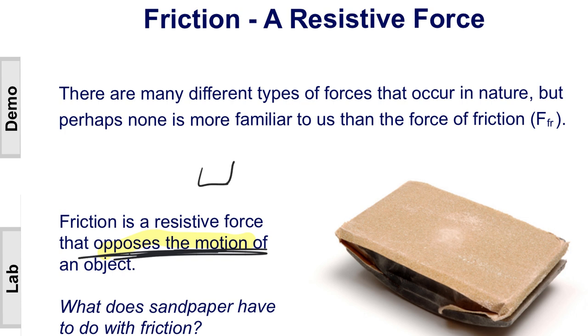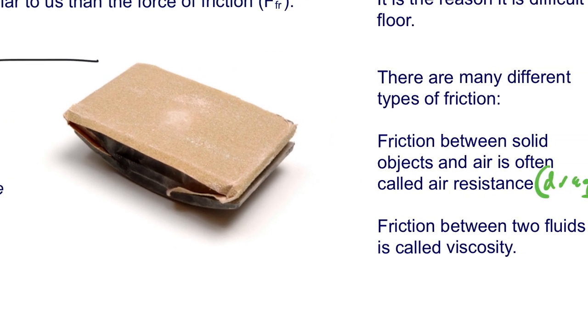So, if an object's moving to the right on a surface where there's friction between that object and the surface, there'll be a force opposing that motion. We call that friction. Little f, lowercase f.